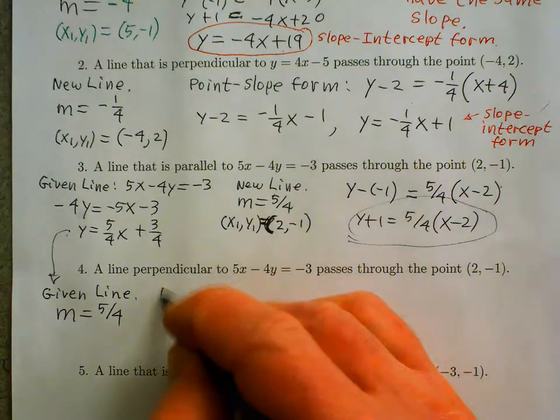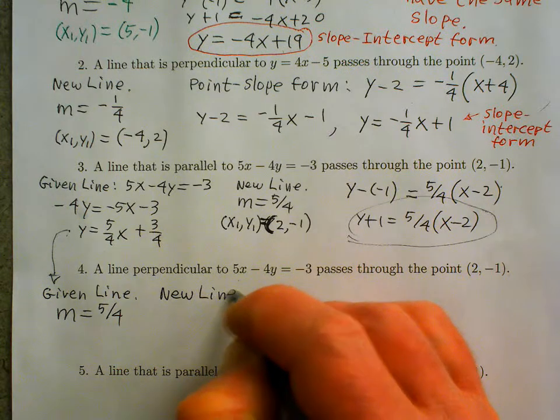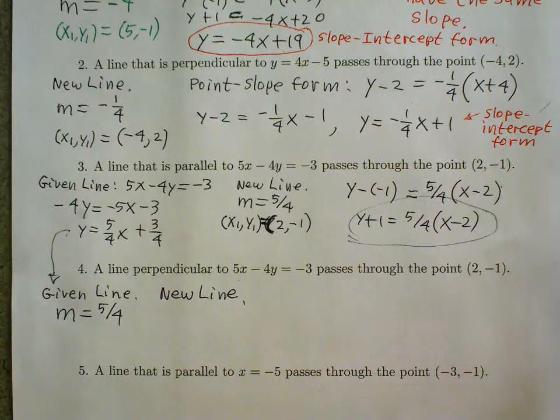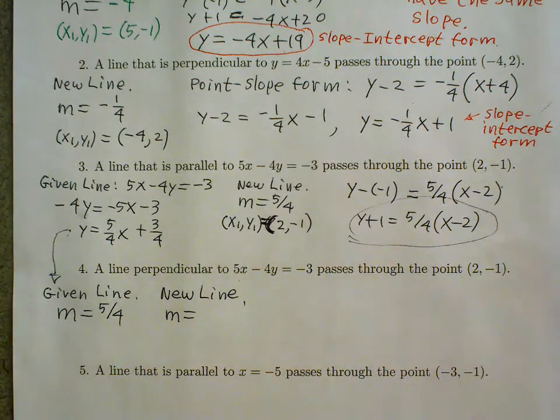The new line is perpendicular to the given line. So what will the slope of the new line be? Since the new line is perpendicular to the given line, what's the slope of the new line?